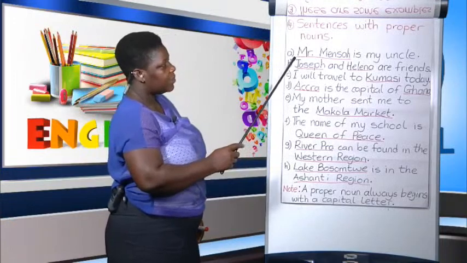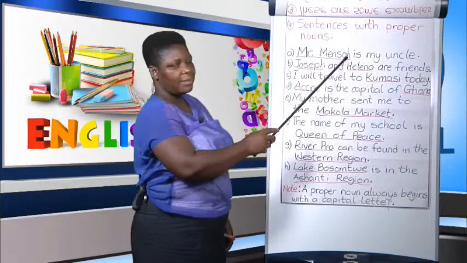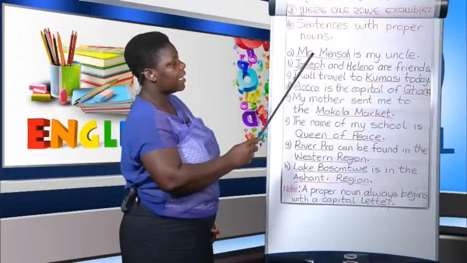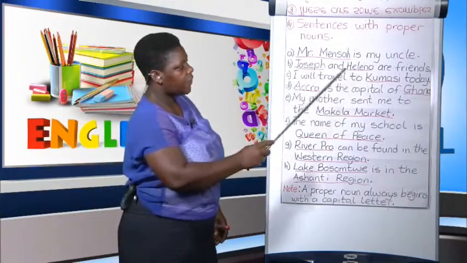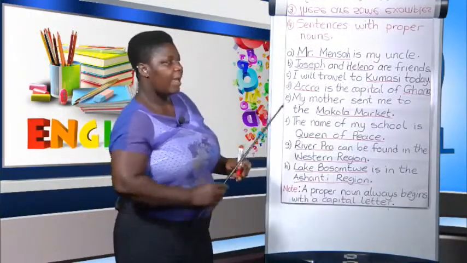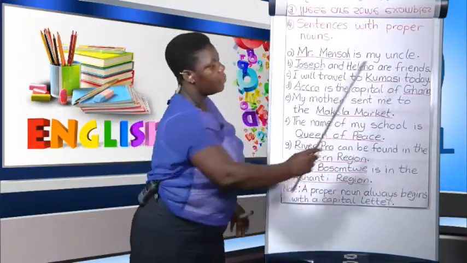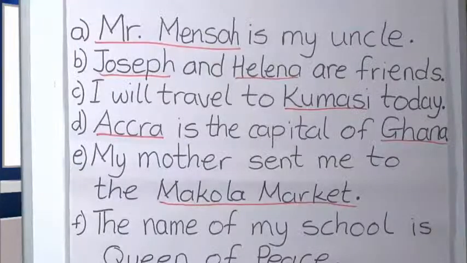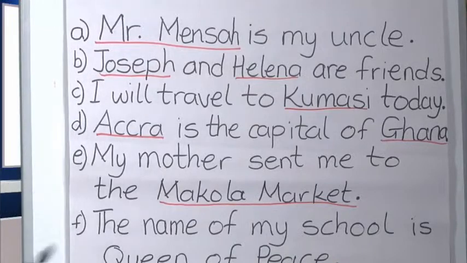So in sentence 1, we have Mr. Mensah, which begins with a capital letter. Joseph and Helena. Apart from Joseph and Helena, there is no other word here which begins with a capital letter. So Joseph begins with a capital letter. Helena also begins with a capital letter. And these are our capital proper nouns.